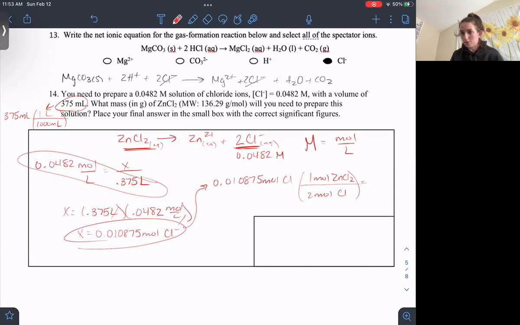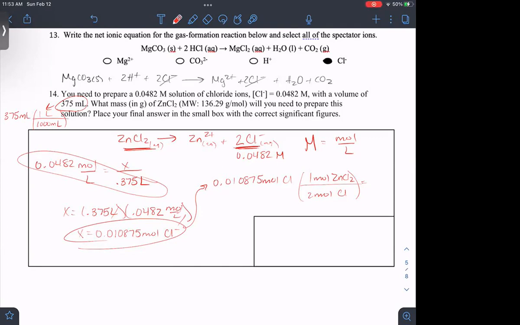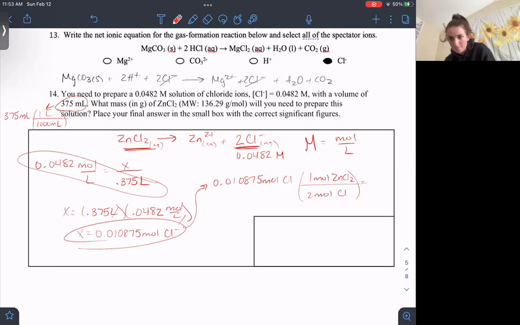Daniel, yes, that is the moles of chloride, but we're looking for the grams of zinc chloride. I think he's just referring to the fact that the 8 and the 0 are swapped. Oh, I'm so sorry. Thank you. So how many moles of zinc chloride do we have?